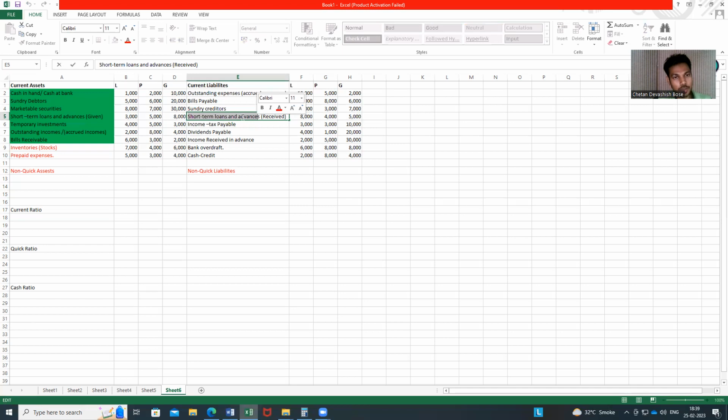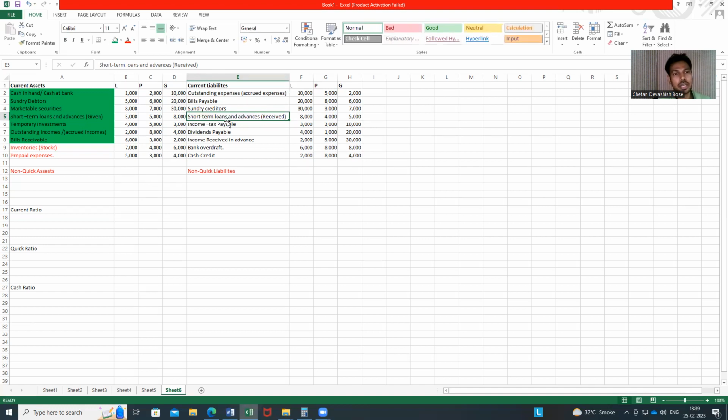Short term loan हुआ, advances नहीं देंगे, then short term loan is a liability. Okay, and advances, when you give advances, then it becomes current asset. But for your understanding, if it is short term loans and advances, always considered it as current liabilities. अगर उन्होंने क्वेश्चन में बाइफर्केशन नहीं दिया है करंट एसेट और करंट लायबिलिटीज का, तो ओके.